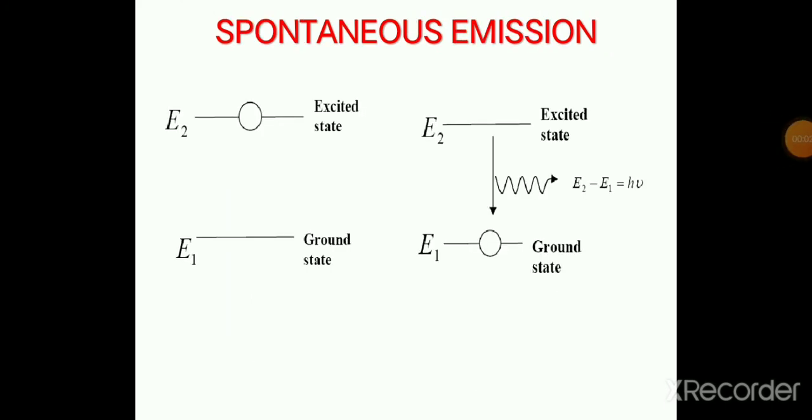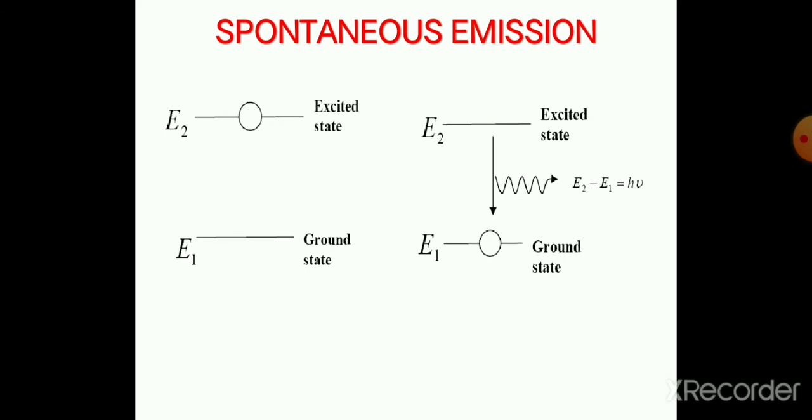Spontaneous emission. Let us consider two energy levels E1 and E2 of the ground state and excited state respectively. Now consider an atom which is already in the excited state. The excited atom does not stay a long time in the excited state because the excited state is highly unstable.